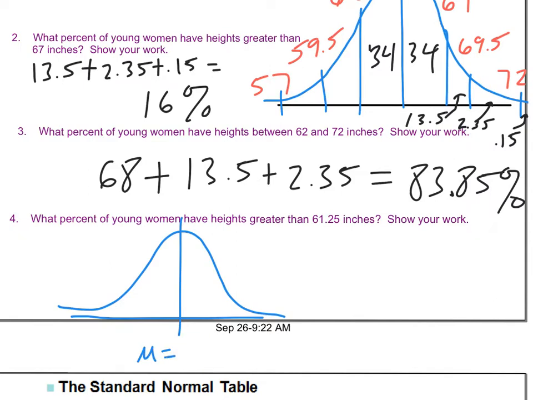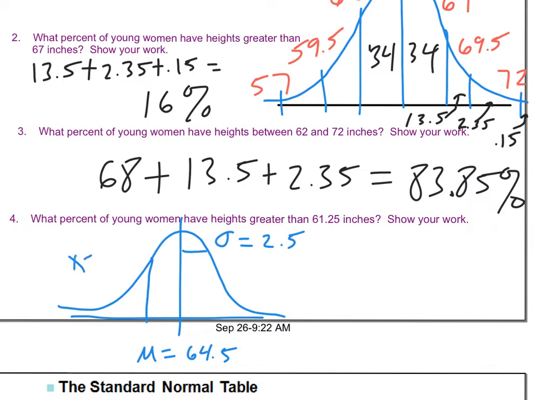I'm going to draw a new curve, centered at 64.5, and I'm not working on this increment of the standard deviation, so I'm not going to draw those in anymore. All I'm concerned about now is just kind of marking where I am, and 61.25 is like right here.